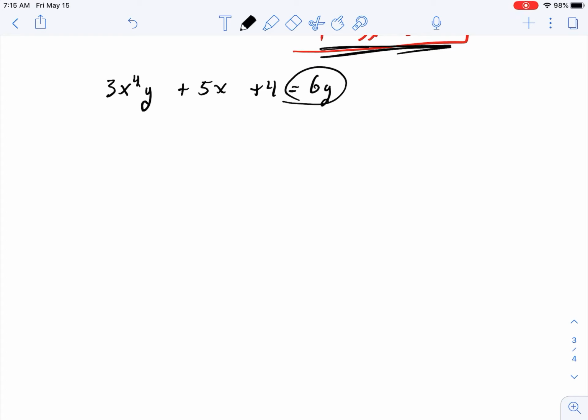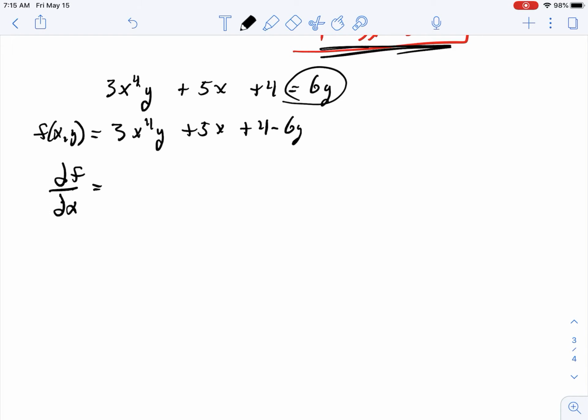So let's write this as 3x to the fourth y plus 5x plus 4 minus 6y, and therefore this would be my f of x comma y. Okay. All right, so let's do it in terms of the partial derivative of f with respect to x. So that would mean I just worry about doing the derivative of these. Everything else would be 0. So that would be 12x cubed y plus 5.